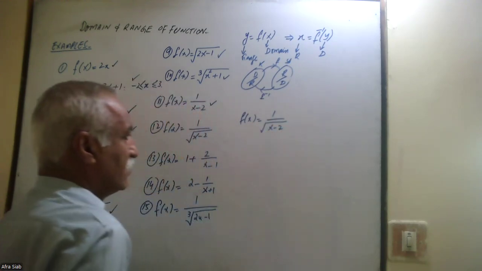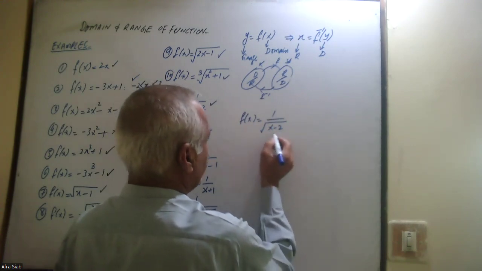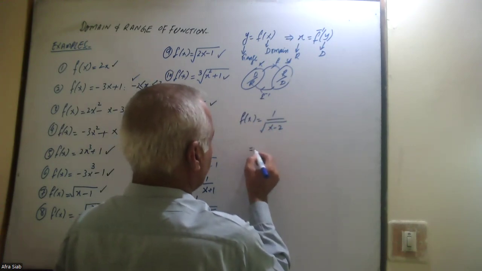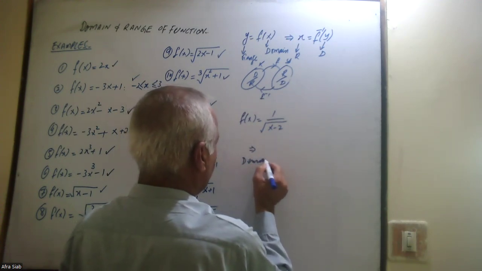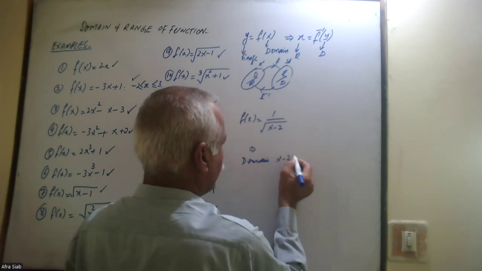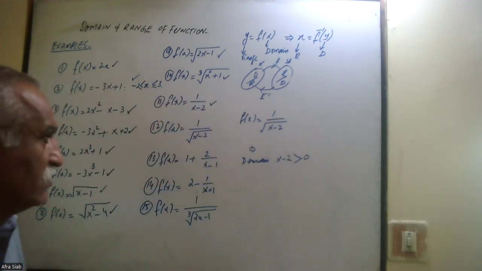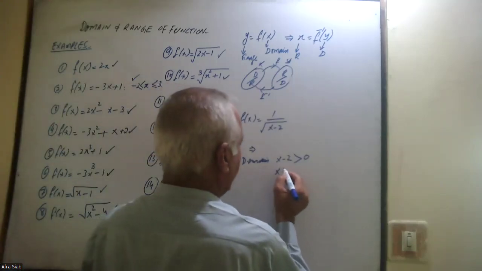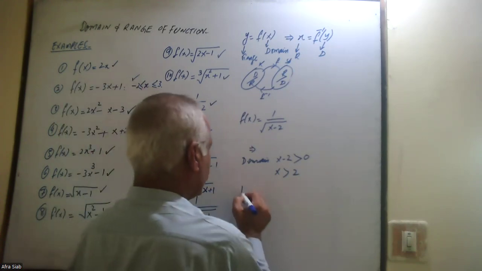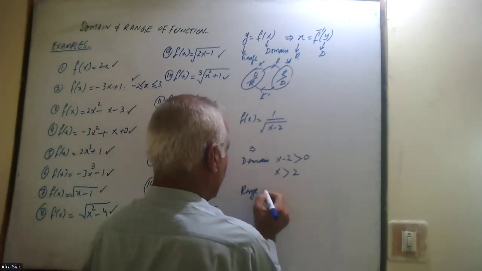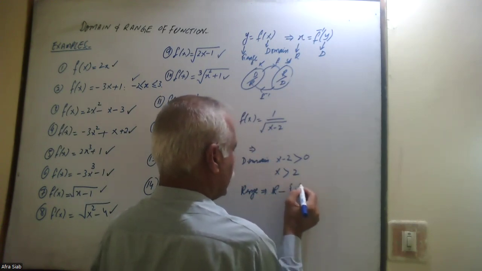Since it is in the denominator and also in the form of a radical, we know that for this domain, x minus 2 should only be greater than 0, not equal to 0. So the domain will be x greater than 2. The range of this graph will be all real numbers minus 0, or rather all positive real numbers.